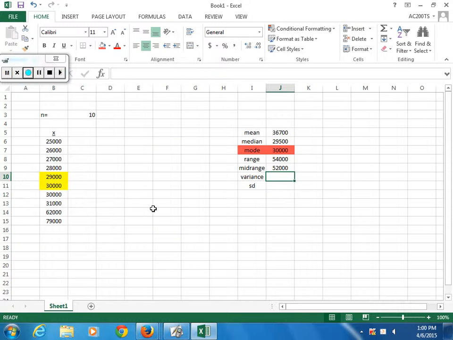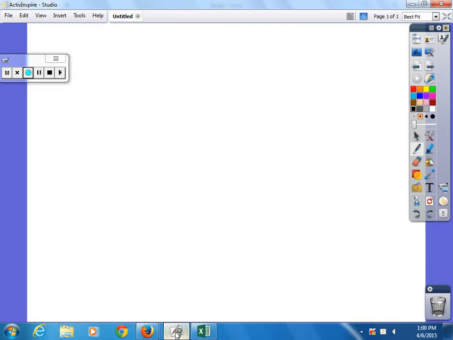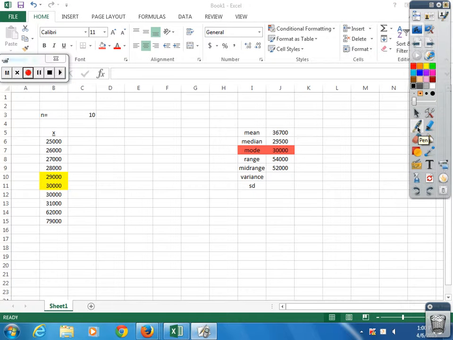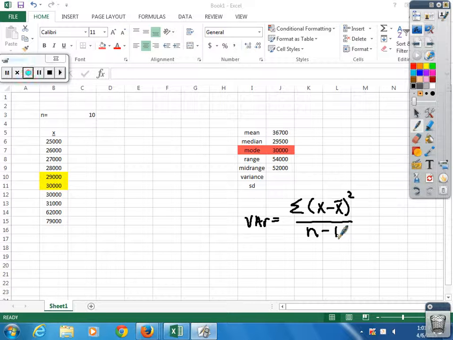Variance is going to be equal to the summation of x minus x bar, quantity squared, over n minus 1. What's the mid-range? Mid-range is 52,000. The highest plus the lowest divided by 2.